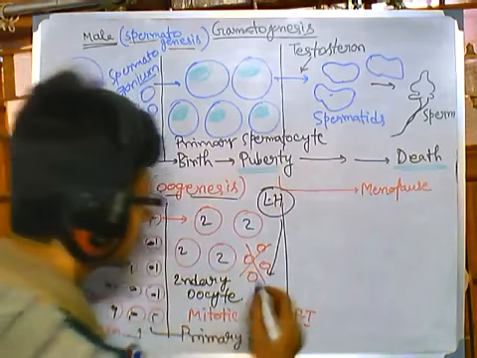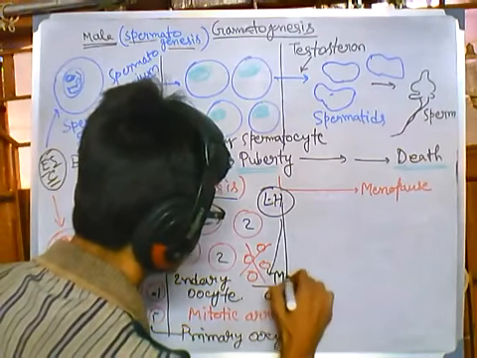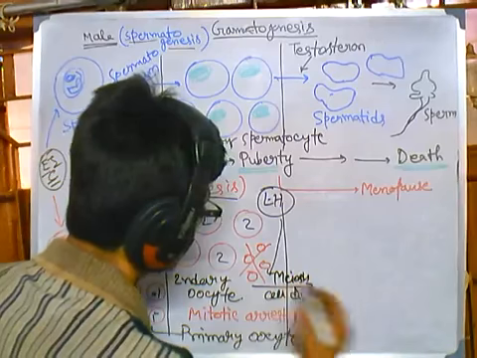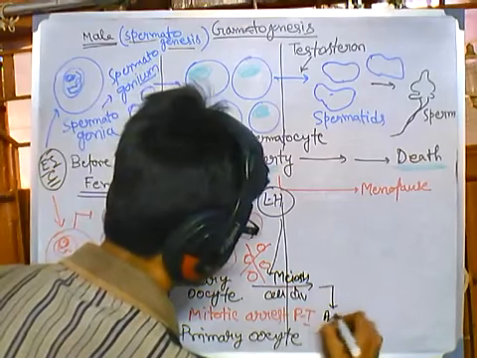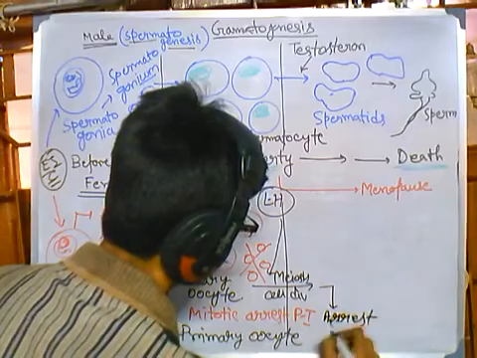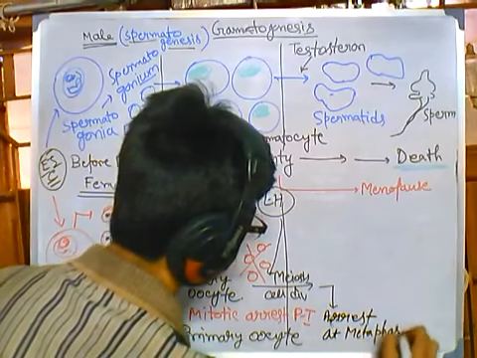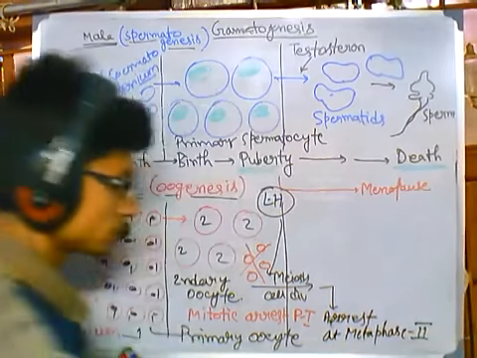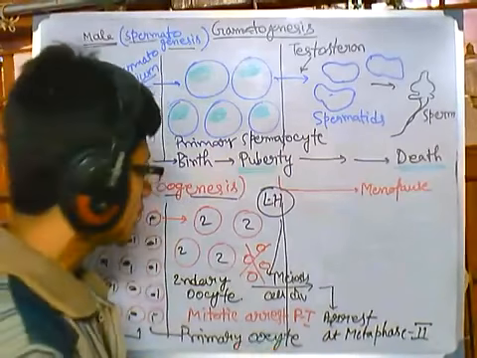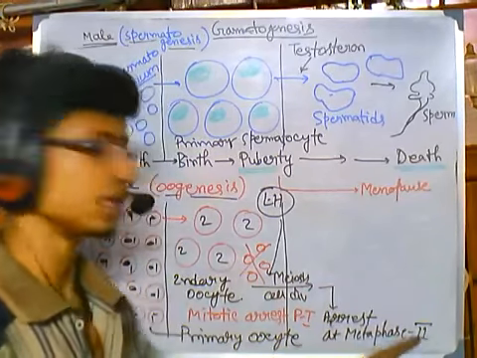So during the cell division in meiosis, they have encountered arrest at metaphase 2. So this secondary oocyte is arrested in the cell division at metaphase 2.